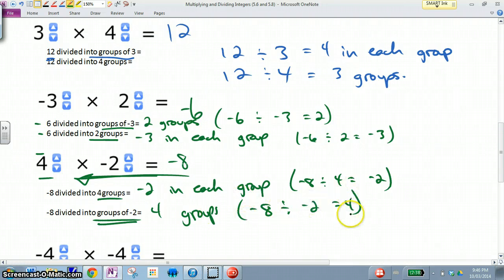So this is where we're starting to get tricky, and we'll leave the last one because we don't even need to look at it in this case. But what you're seeing here is this pattern: when these are both positive, our answer is positive. When these are both negative, our answer is positive.